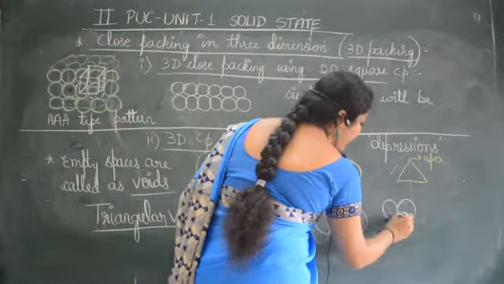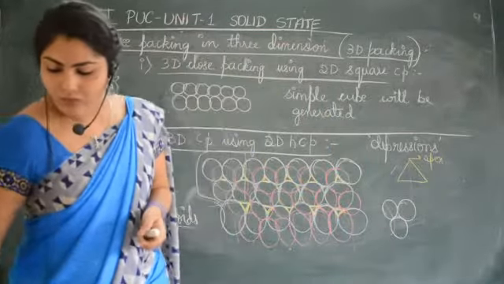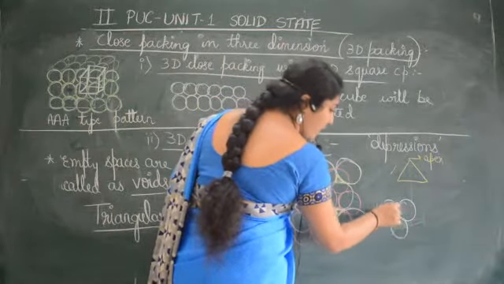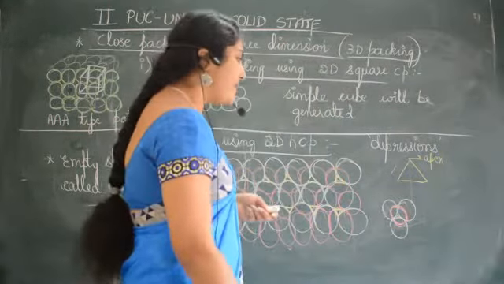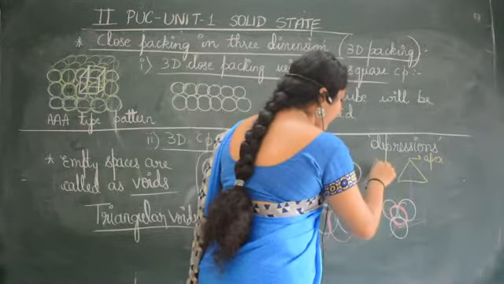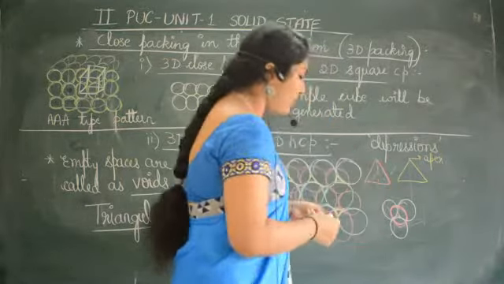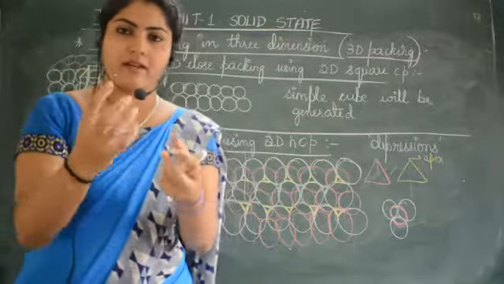Now it is like this. The spheres were like this. One more sphere has been placed above to cover this triangular void. Now it is similar to a prism kind of thing. Understood?